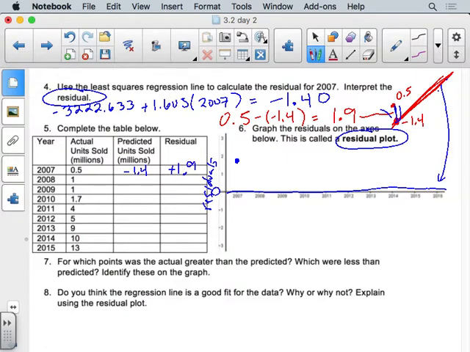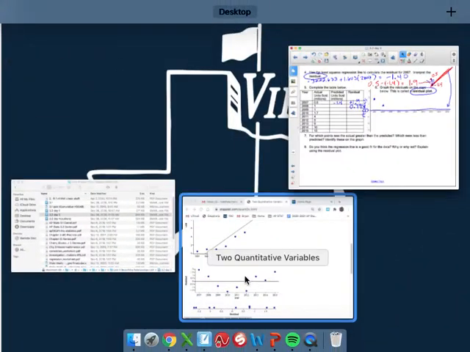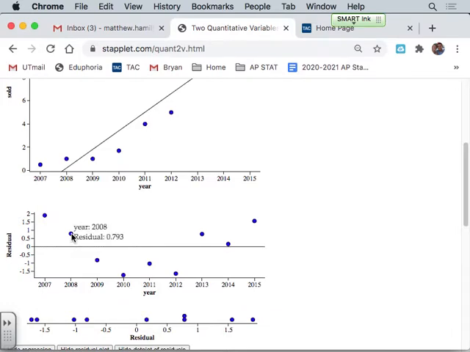So on 2008, I got a residual, and I just rounded to 2 decimals on all these, of 0.79. So that would be there. On the Staplet, I think they went to 3 decimals on all these. Yeah, 0.793. And so here is that value. Where they're getting that is this distance right there.